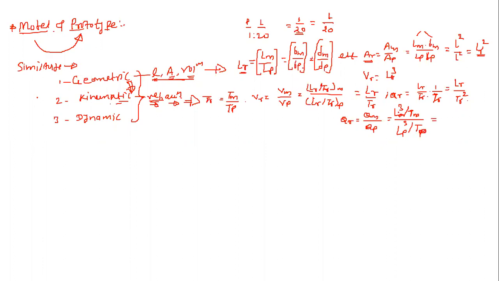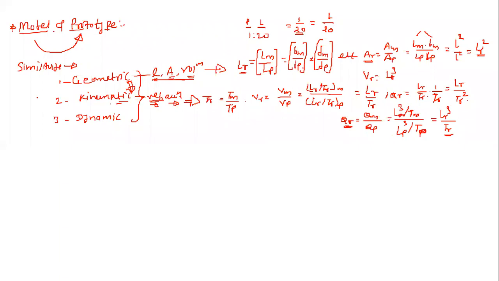Now LM by LP is the length scale ratio, so that equals LR cube divided by the time scale ratio TR. So LR cube upon TR represents the discharge. If the length scale ratio and time scale ratio are given, then we can find the discharge scale ratio required for the model and prototype to have kinematic similarity.